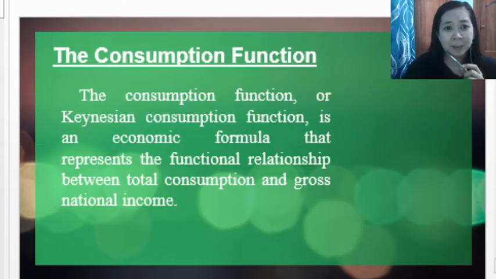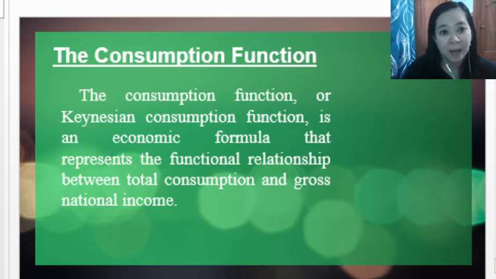Okay, so when we say consumption function, this is also known as the Keynesian consumption function. This is an economic formula that represents the functional relationship between total consumption and the gross national income.